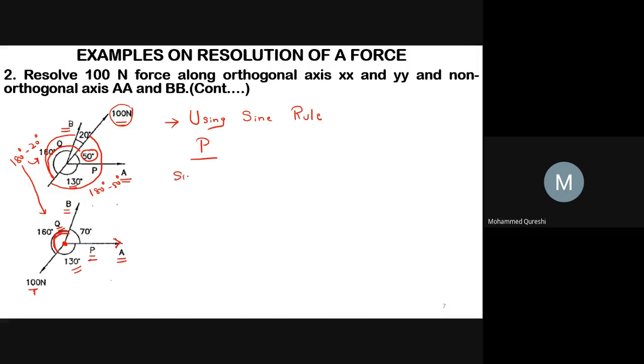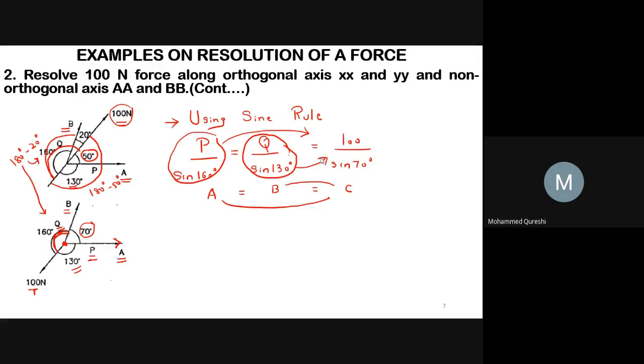So P upon sine 160 equals the other force Q upon sine 130, equals the other force 100 upon sine of the angle opposite to the 100 Newton force, which is 70 degree.